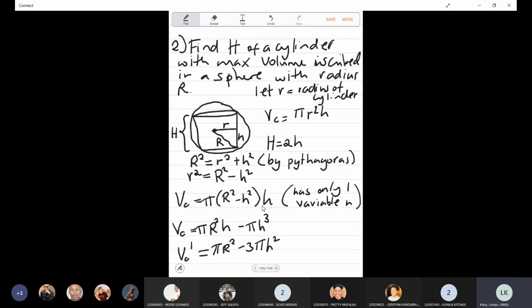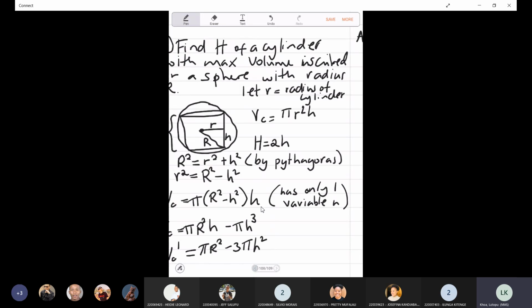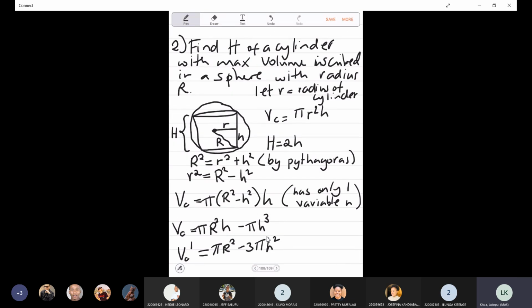And then we know that at the maximum, the first derivative is 0. So at the maximum, VC prime is equal to 0. So we will equate this to 0 and then solve for h. That will tell us what the height must be for the cylinder to have a maximum volume.